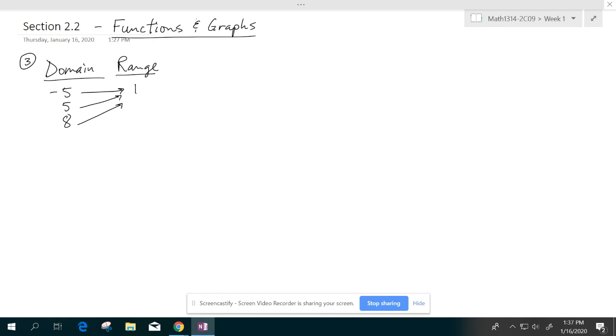So does any element of the domain map to more than one element in the range? Or does every element in the domain map to only one element in the range? And that's true. And so we would say, yes, this is a function.